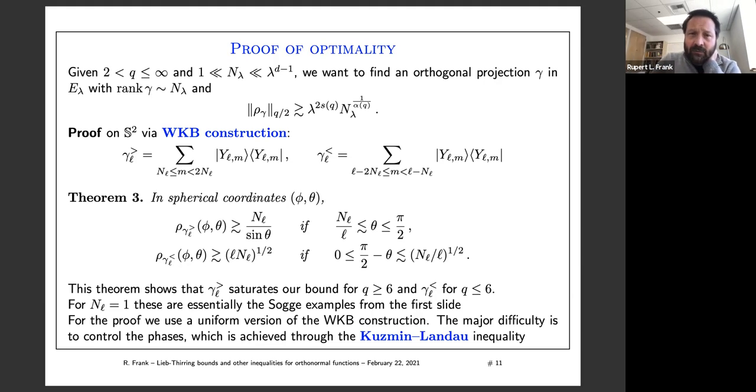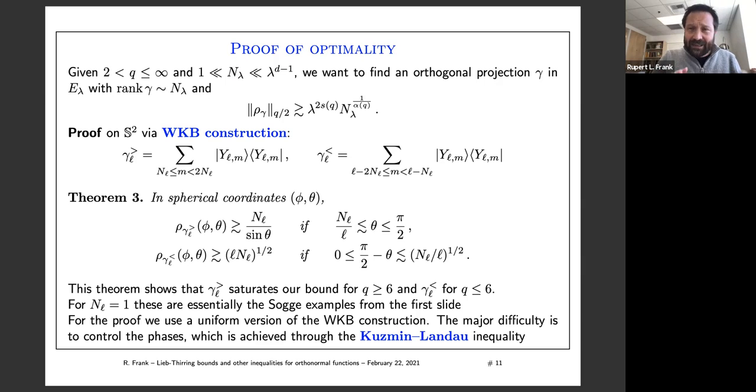So roughly speaking, what we're doing is we take the YLMs with M very small, and we take all of them. As many as we need to take, right? We need to take N functions. I'm writing NL in this case of the sphere instead of N lambda in the general setting, okay?